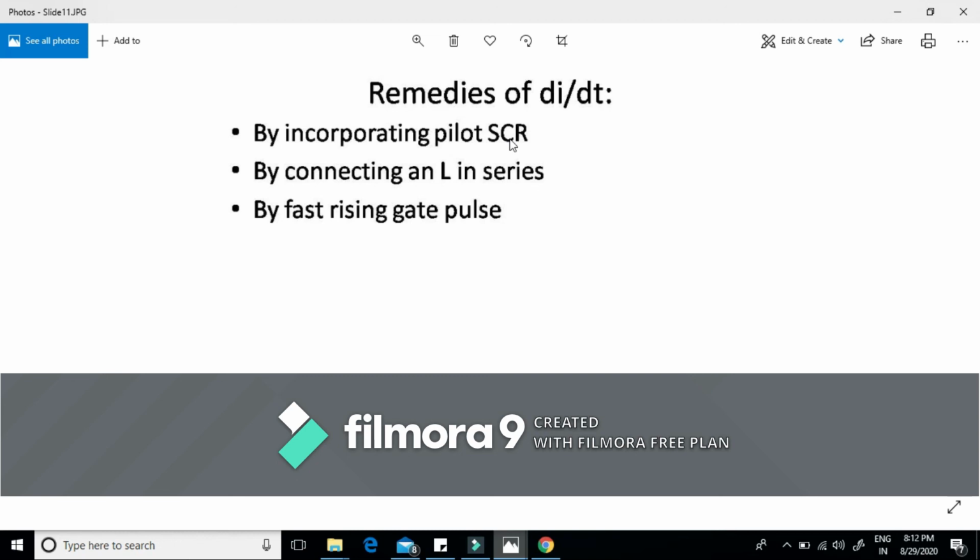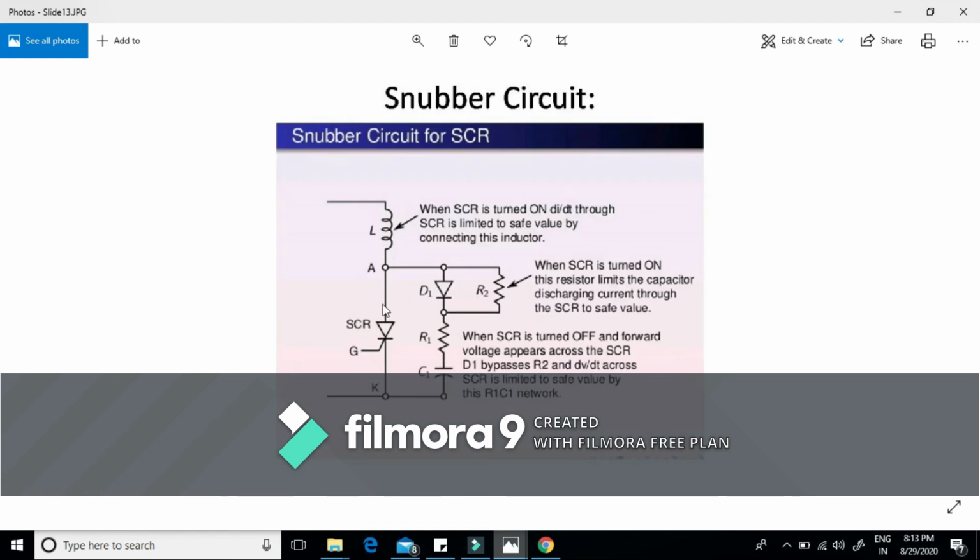This whole surface of junction J2 comes into conduction quickly, and no concentration of current or hot spots are developed. We have to provide the protection for this SCR. This is the turn on snubber. That means this inductor L is used to slow down this fast rising anode current, that means to reduce the value of this di by dt.